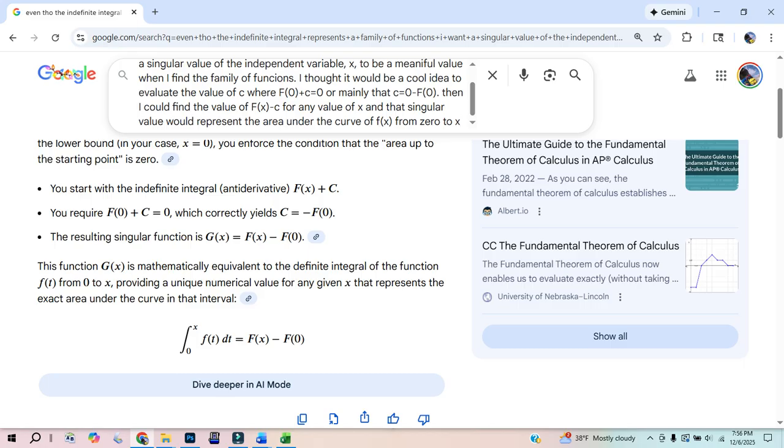But this value would represent the area under the curve from 0 to x, and this function is what I would seek every time I do an integral, just because I think it's useful to have one equation that represents something. Every time I plug in a value of x, I know it's going to represent the area under the curve starting from 0 up to that value of x. I could have a positive value of x, I could have a negative value of x, but it's going to be the area under the curve from there.